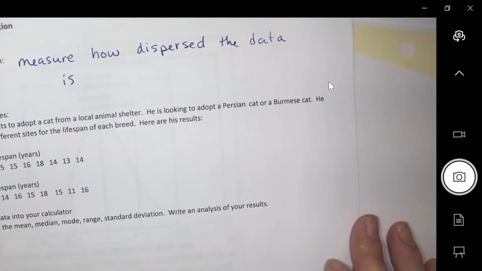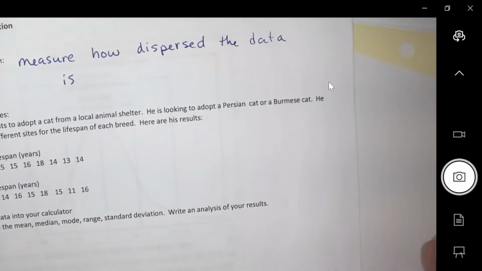So we kind of talked about this a little bit yesterday because range also helps us decide this. If my class has an average test average of 70, and most of them got in the 60s, 70s, 80s, okay?